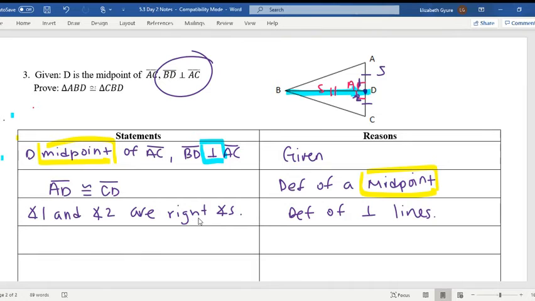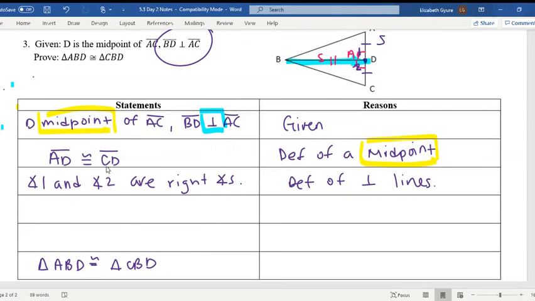That's actually a theorem we did at some point, but you can literally just say that. We can say that angle 1 is congruent to angle 2 because all right angles are congruent. I forget what chapter we did it in, but it's technically the right angle congruence theorem. All right angles are congruent. They're all 90 degrees.